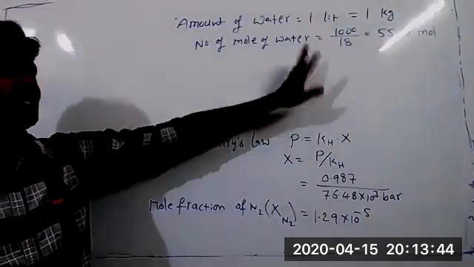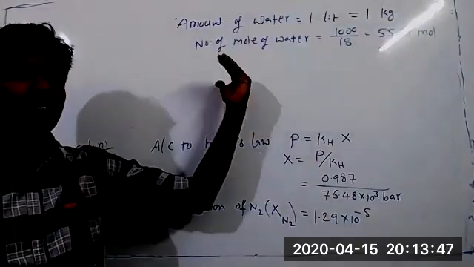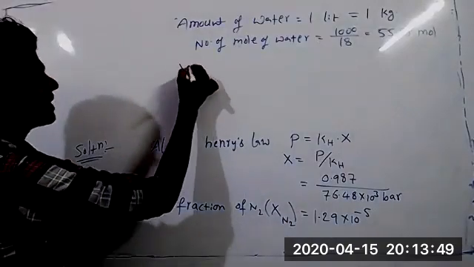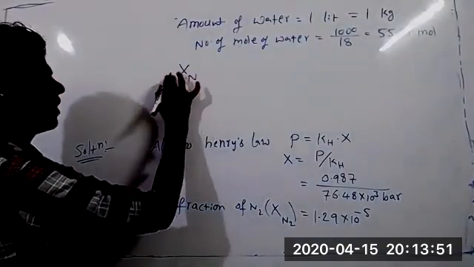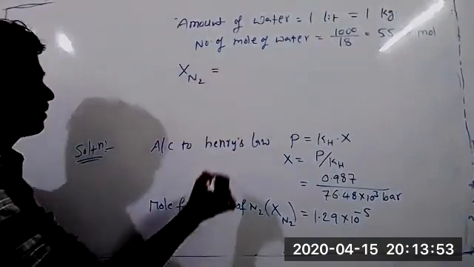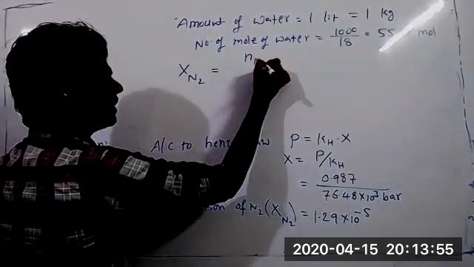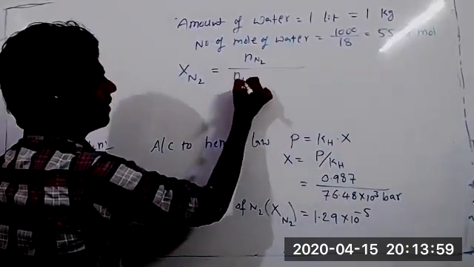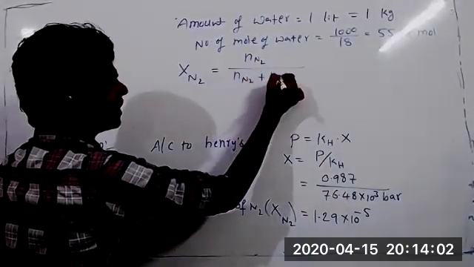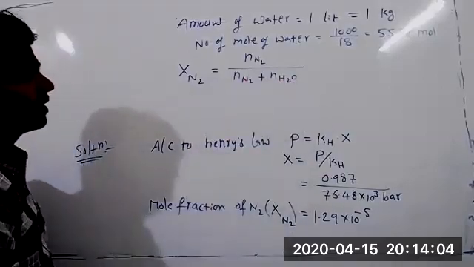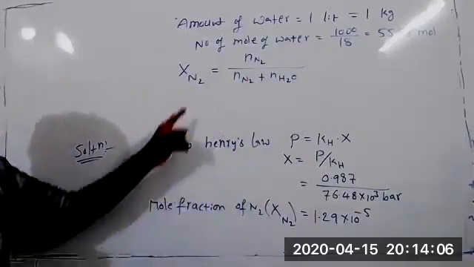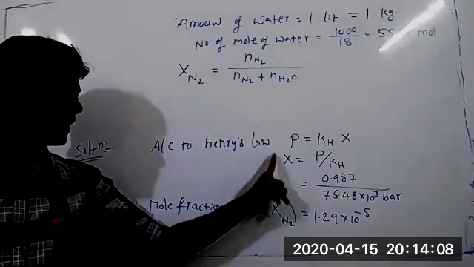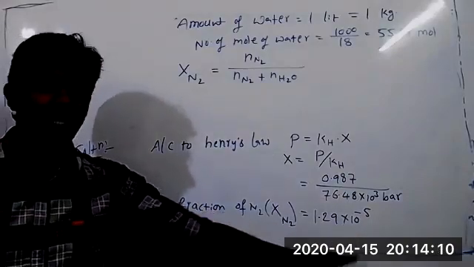Solvent is water, solute is nitrogen. Mole fraction of nitrogen is equal to number of moles of nitrogen divided by number of moles of nitrogen plus number of moles of water. Substitute the mole fraction we calculated from Henry's law, 1.29 into 10 power minus 5.